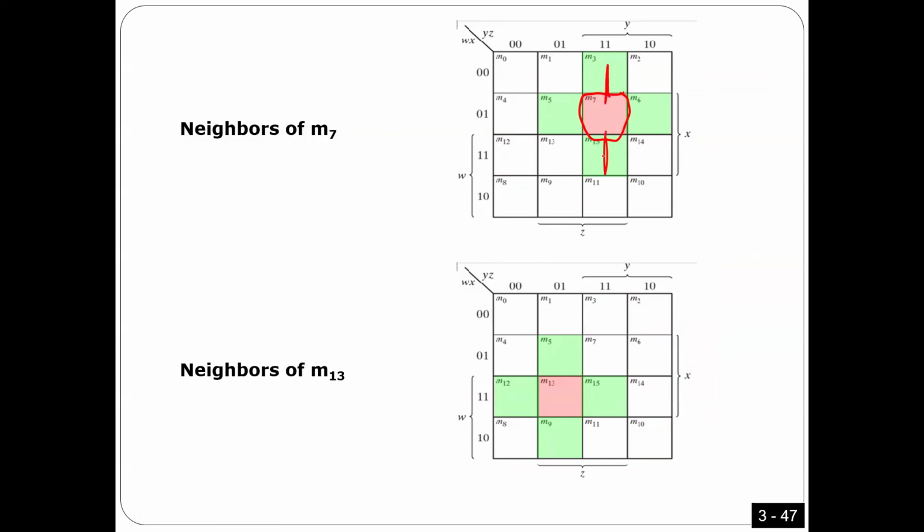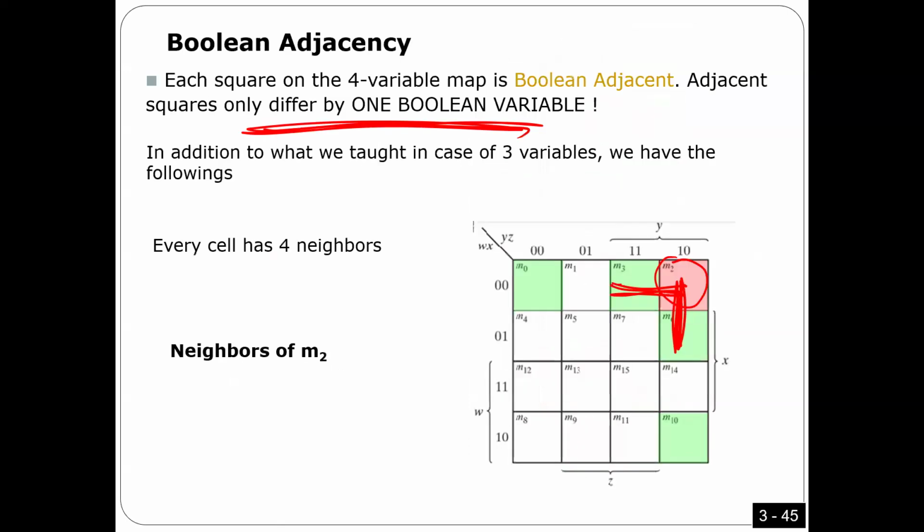So here, these are vertical and you also have horizontal neighbors. Same thing if you look at M13, it has 4 neighbors, vertical and horizontal. Every cell has 4 neighbors, okay? Every cell here in the map has 4. It's not at least 4, no, 4. Every cell has 4, okay? Anyway, but here, if you look at this one here, this is one neighbor, and actually this one also is a neighbor.